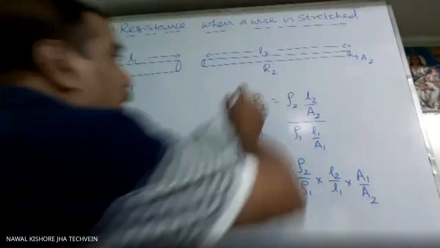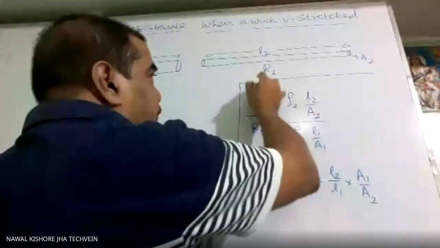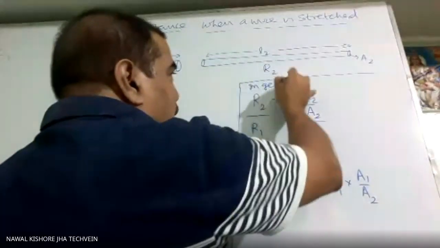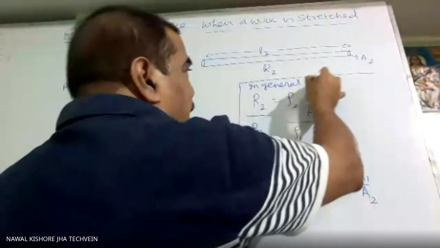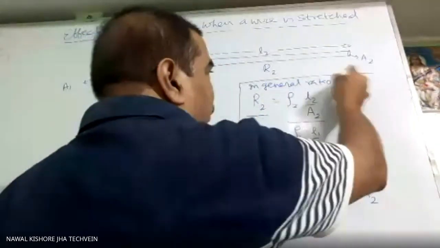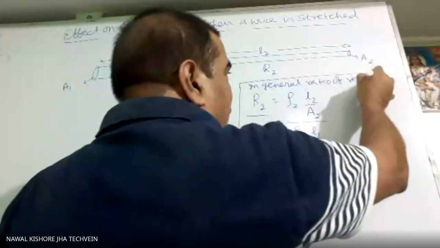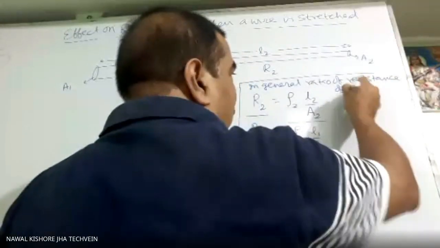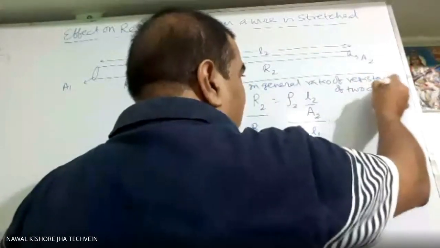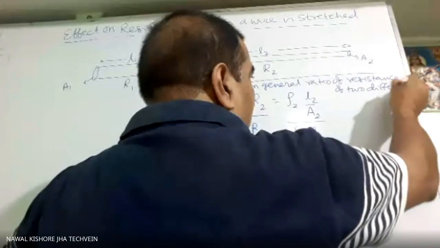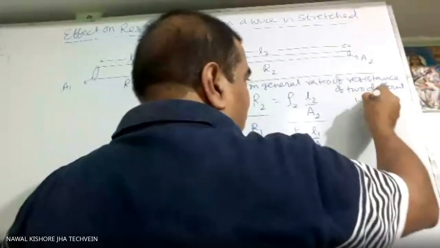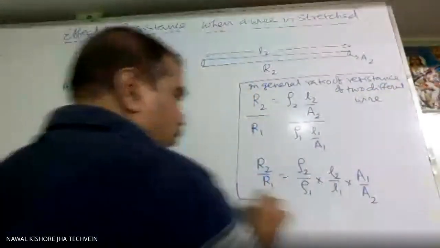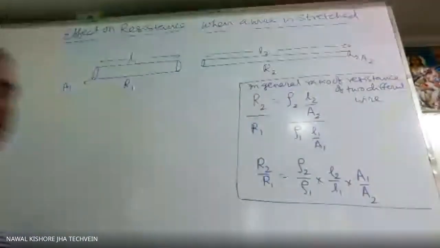So this is the general formula for the ratio of resistance of two different wires.